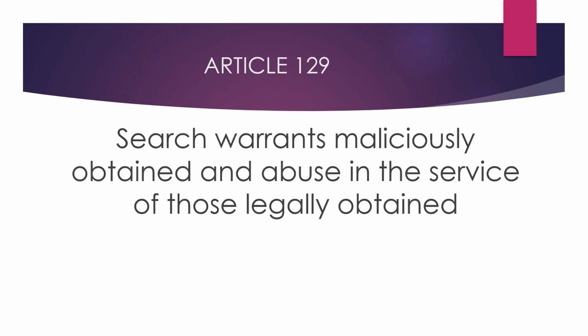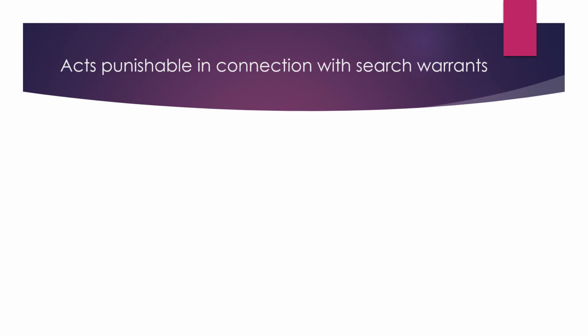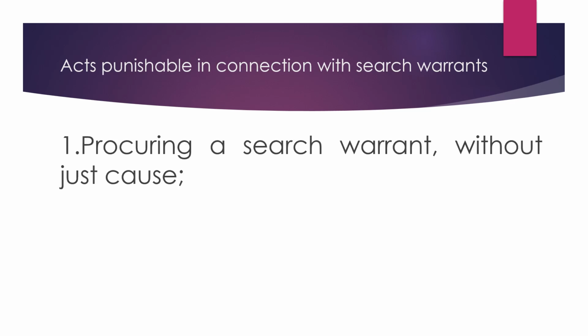Let's go to Article 129. Search warrants maliciously obtained and abuse in the service of those legally obtained. Now, what are the acts punishable in connection with search warrants? Number one, procuring a search warrant without just cause.